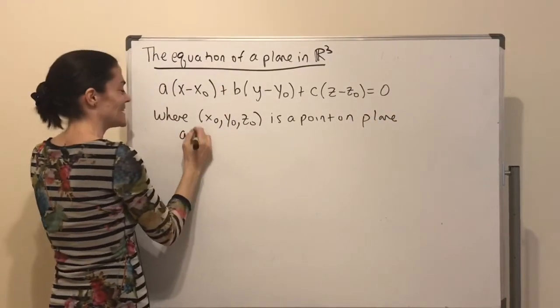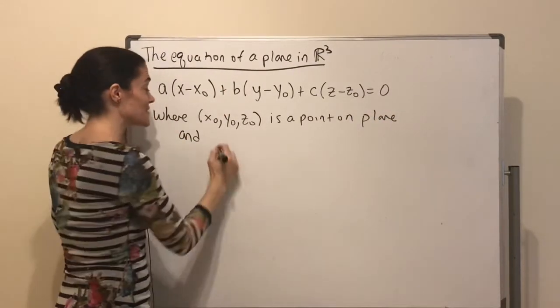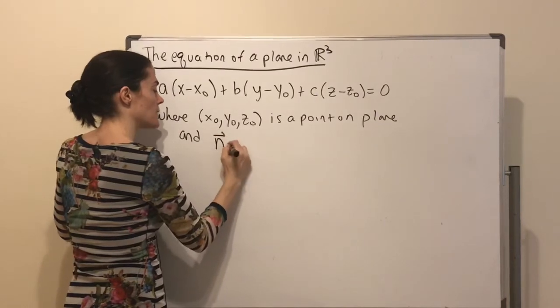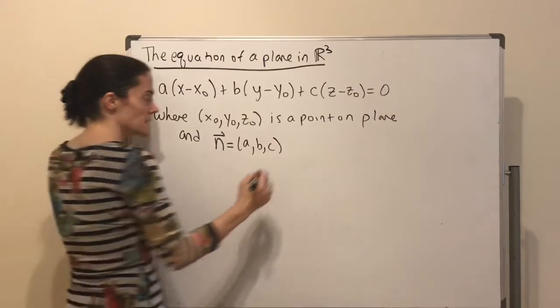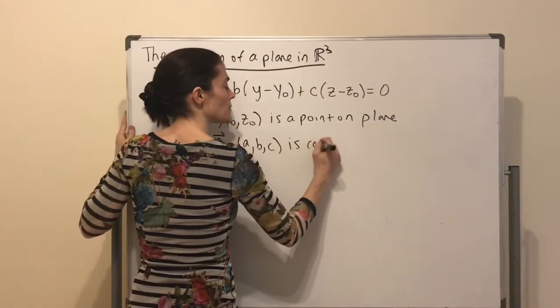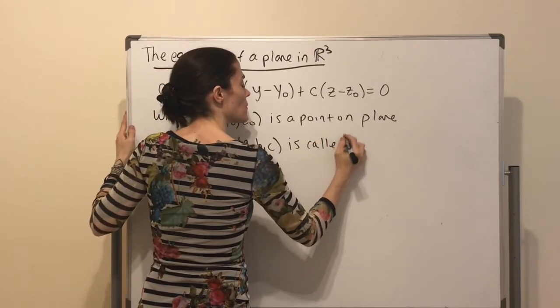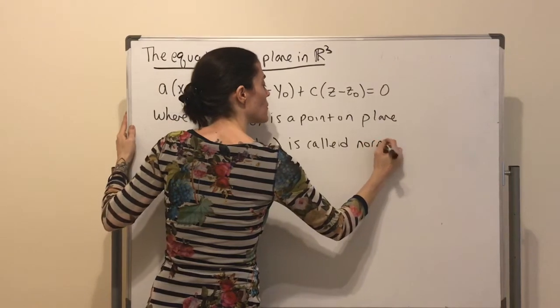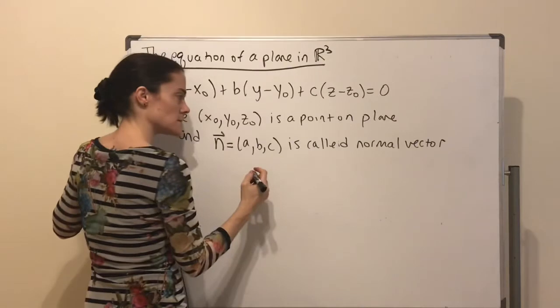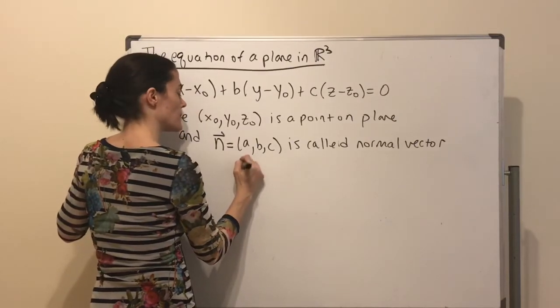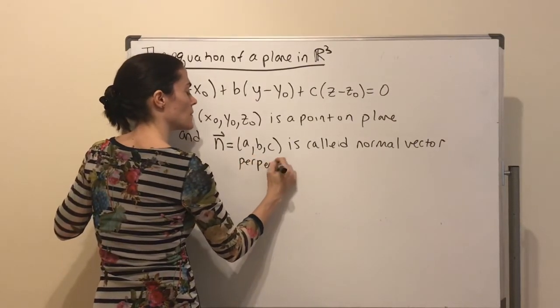and this vector, I will write it this way, n, which is (a, b, c). This is called the normal vector, and this is perpendicular to the plane.